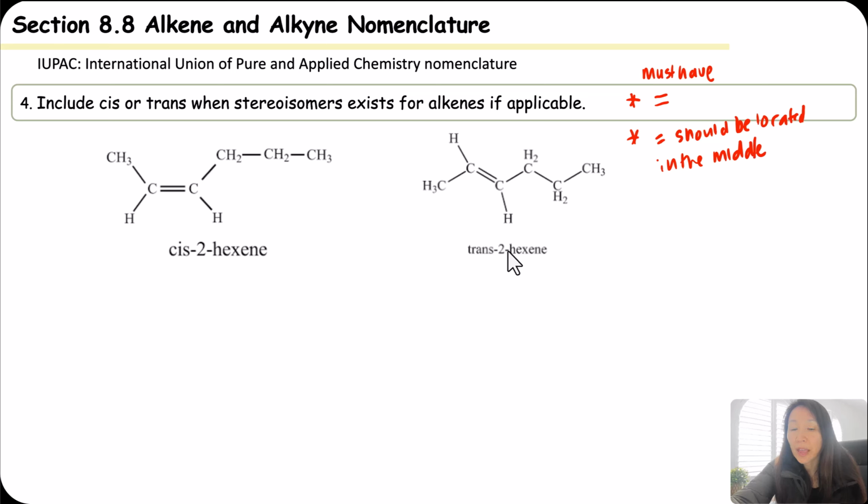If it's on the edge, for example, like this, you see the double bond is on carbon 1. This would be 1-butene. It would not work. It has to be in the middle, right here, in order to have the cis and trans stereoisomer.